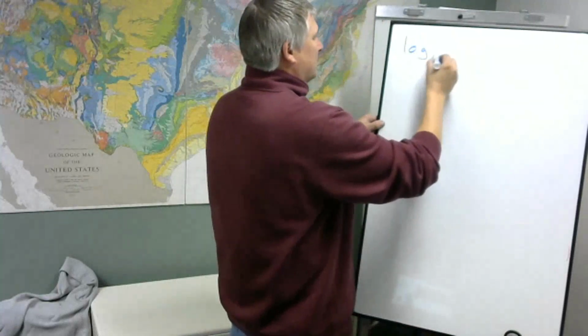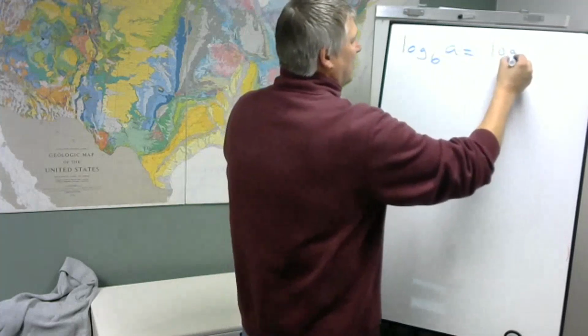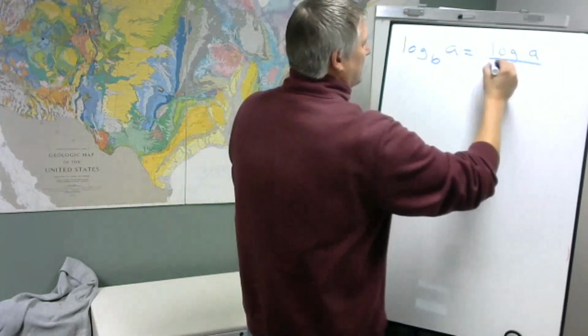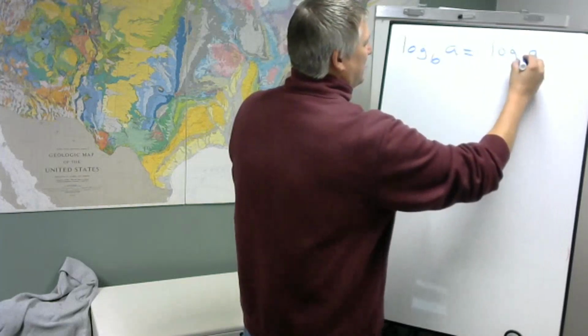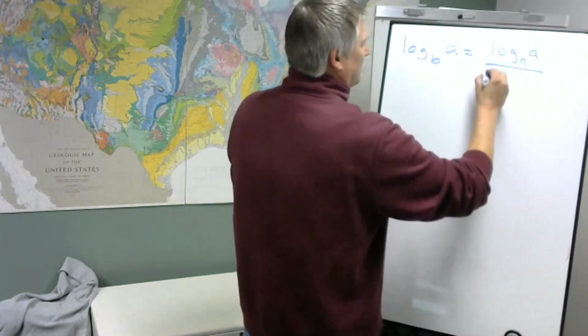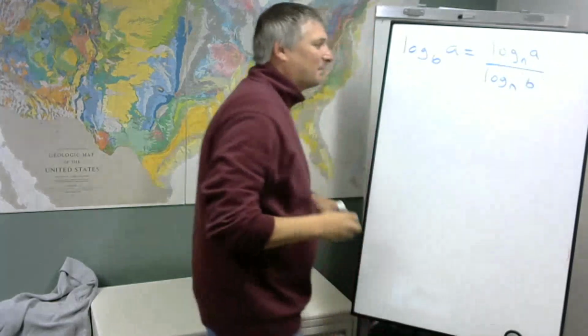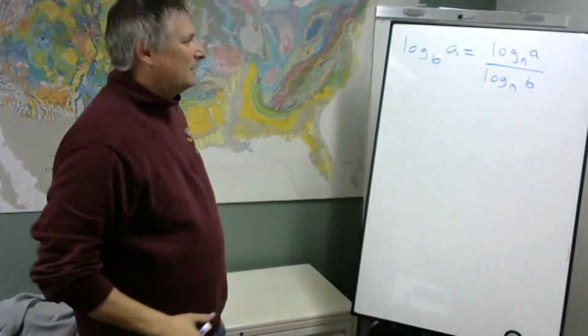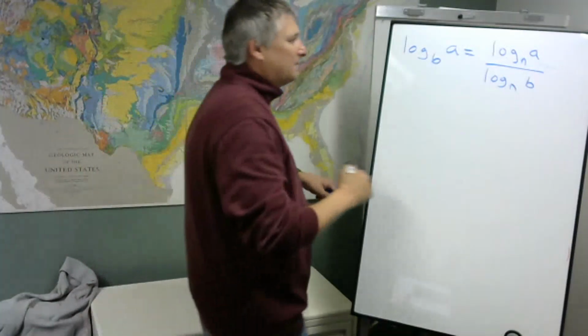Log base b of a, you can write as log base n of a over log base n of b. So basically what this says is this.